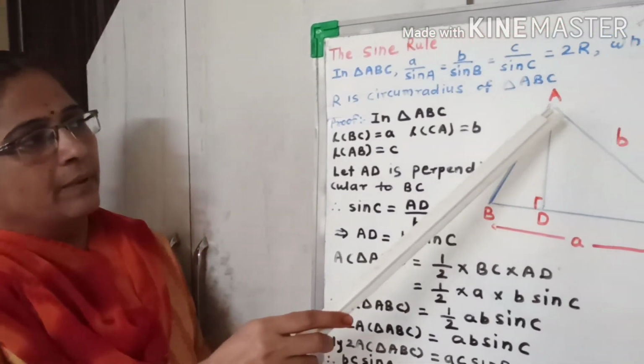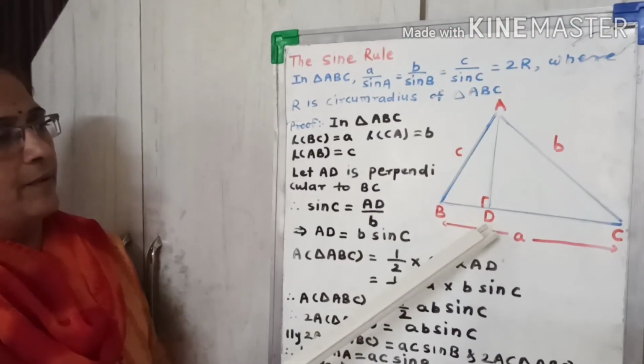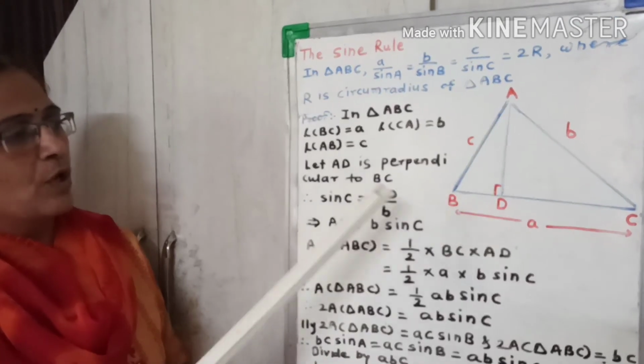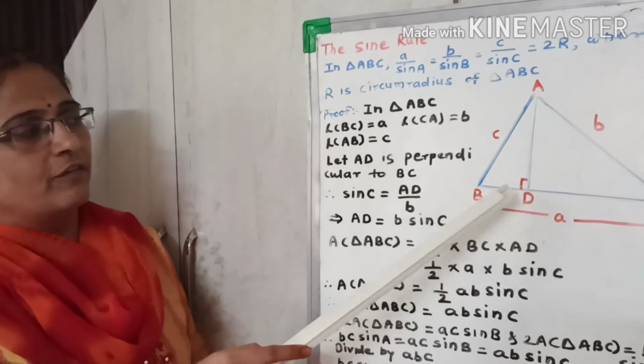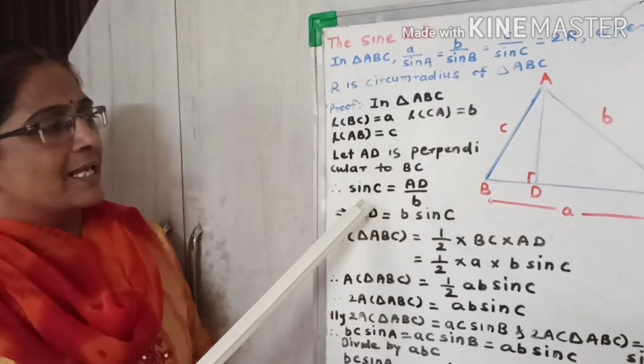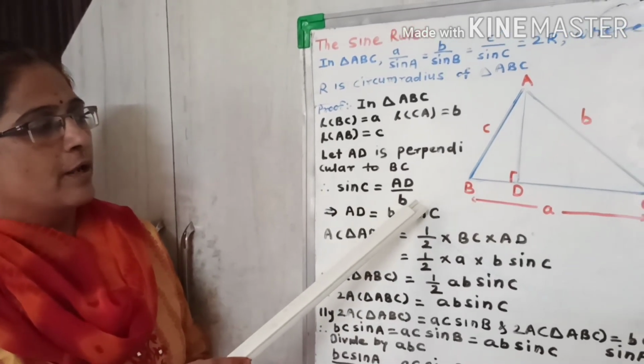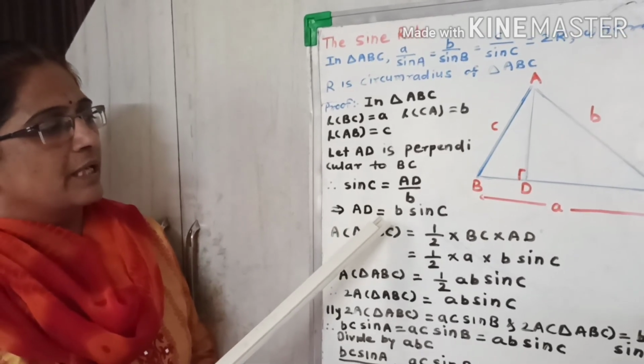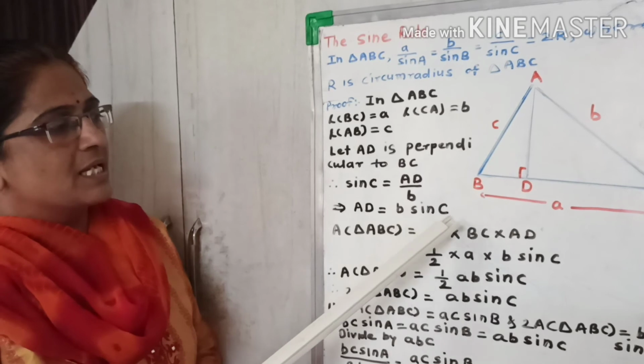Draw AD perpendicular to BC. Okay. So here a right angle is formed. So using the property of a right angle triangle, we can write sine C is equal to AD upon b, therefore AD is equal to b sine C.